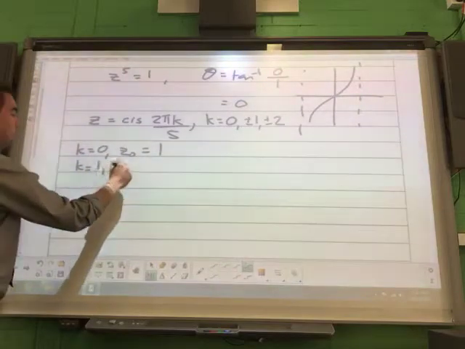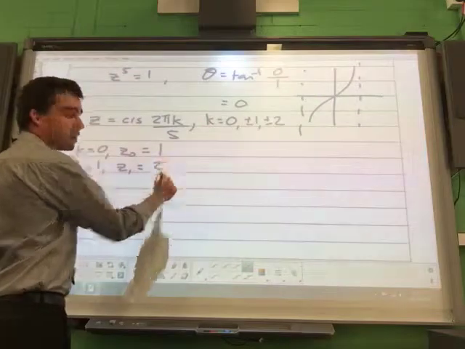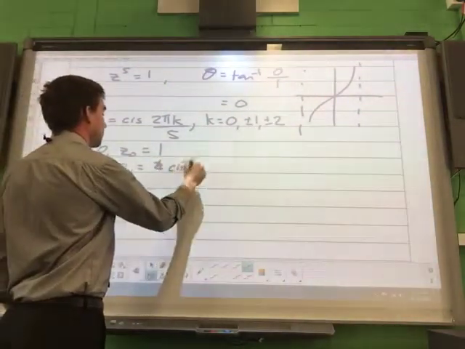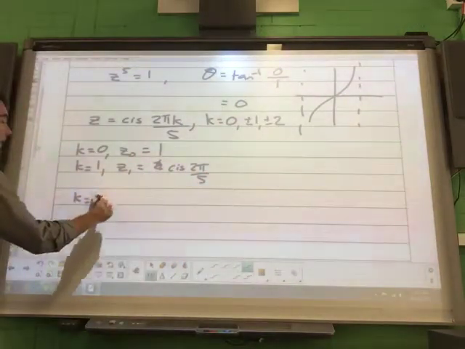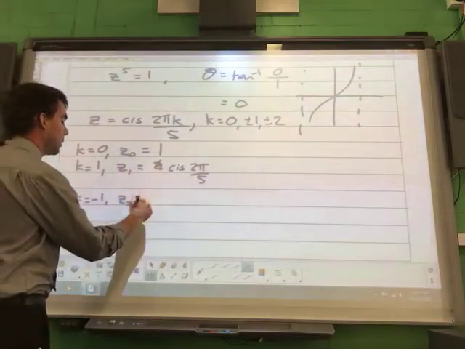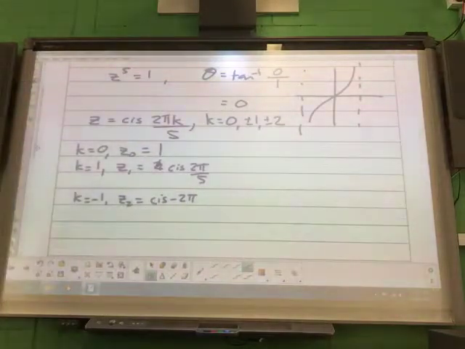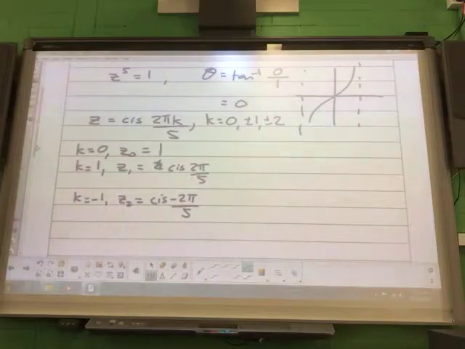K is 1, z1 is going to be cis of 2 pi times 1 over 5, so cis of 2 pi on 5. K is negative 1, z2 is going to be cis of negative 2 pi on 5, because we're substituting in for the value of k.